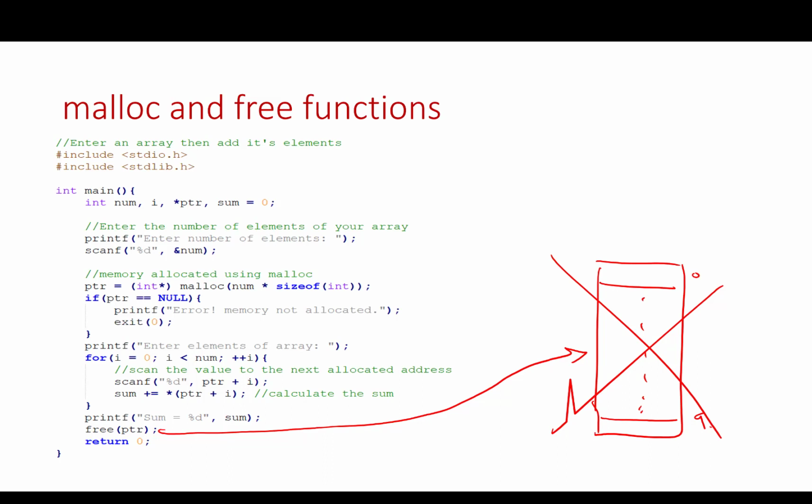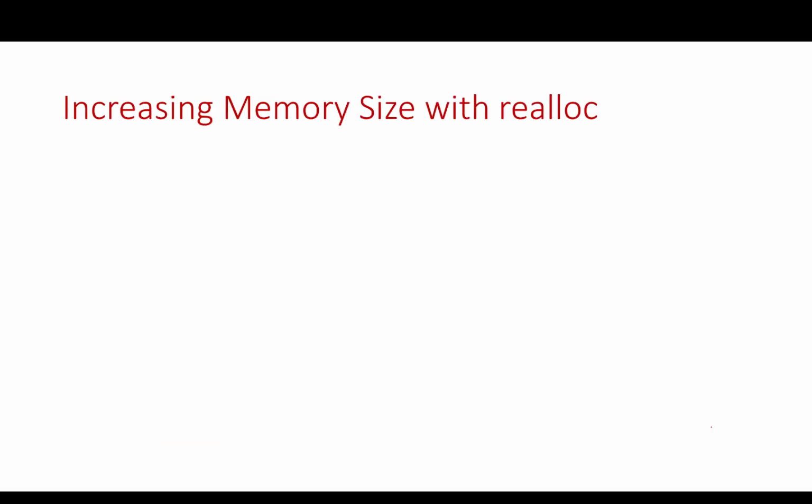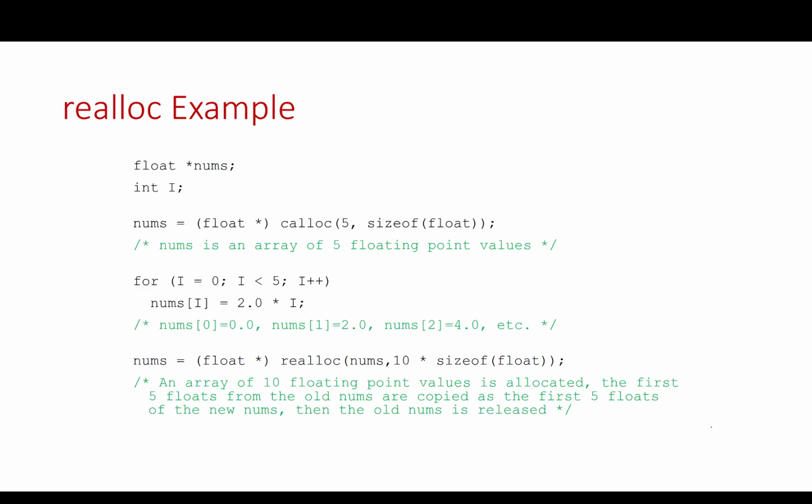Okay, so what if we want to reallocate the memory? In this program here, I'm just having nums equals the cast as float, calloc 5 times size of float. Okay, so here calloc is allocating 5 elements in the memory.